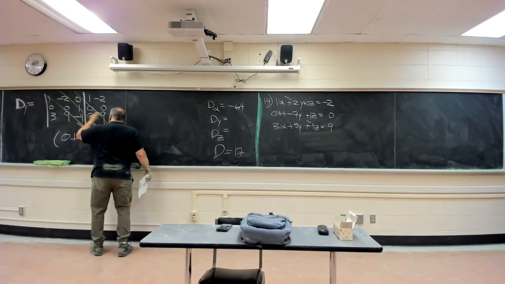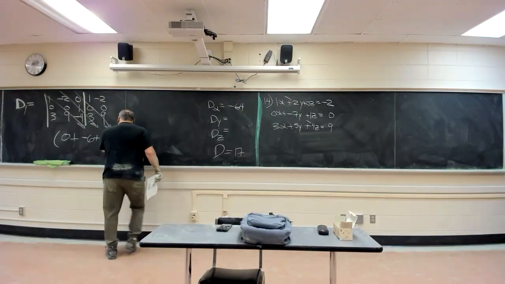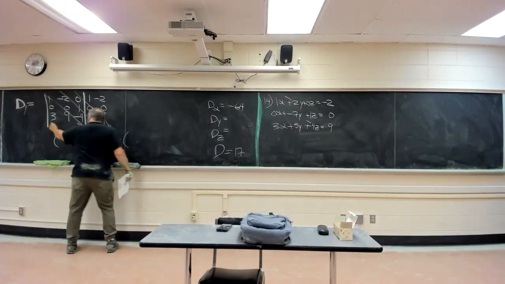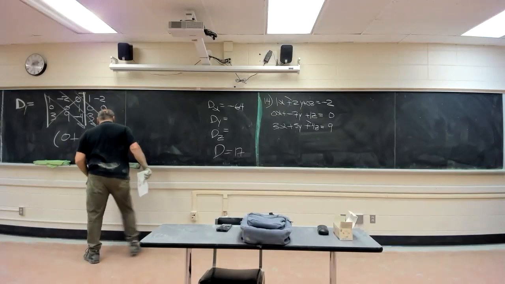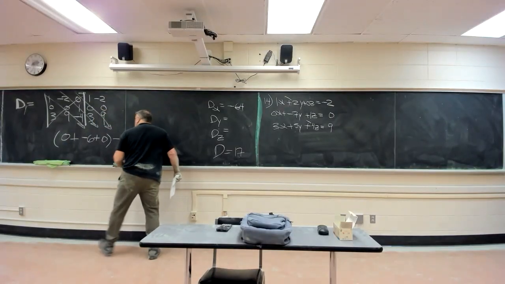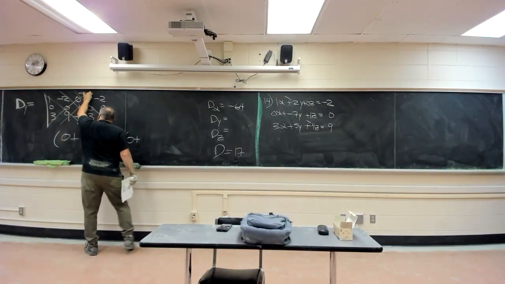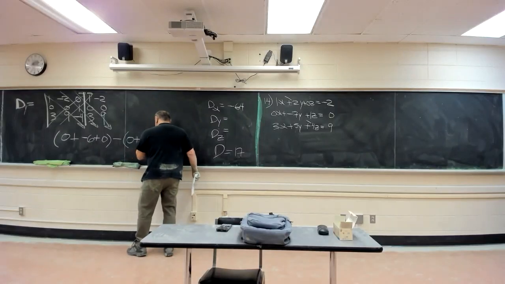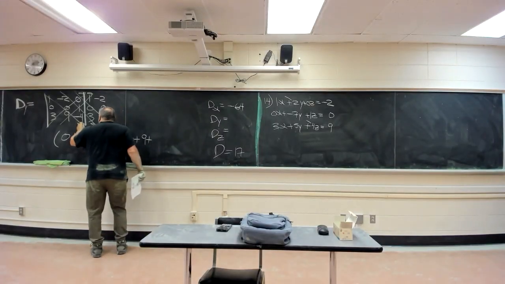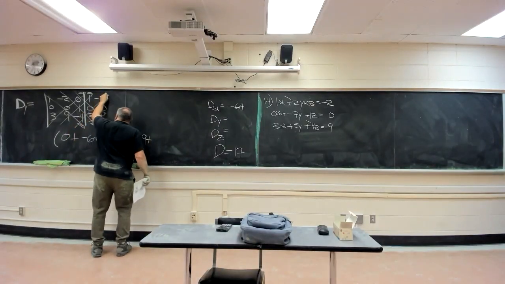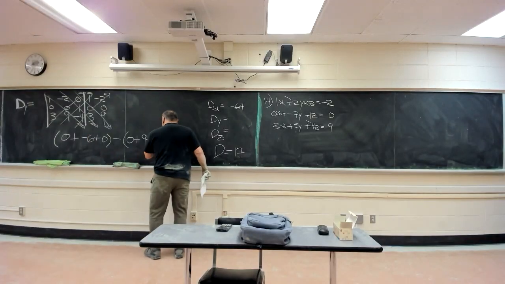We got 0 times 0 times 9 is 0. We got 3 times 0 times 0 is 0. We got 9 times 1 times 1 is 9. We got negative 4 times 0 times negative 2 is 0.